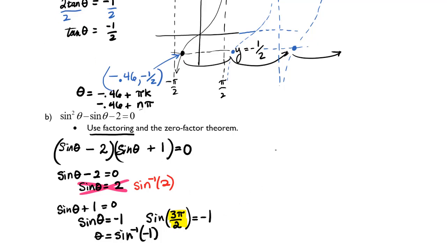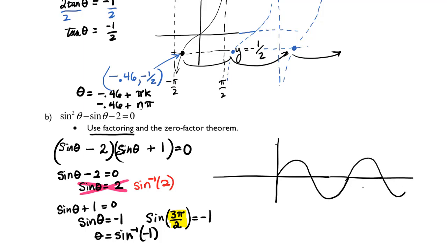And then we just need to think about, if we're looking at the sine function and it's repeating, when does it equal negative 1?